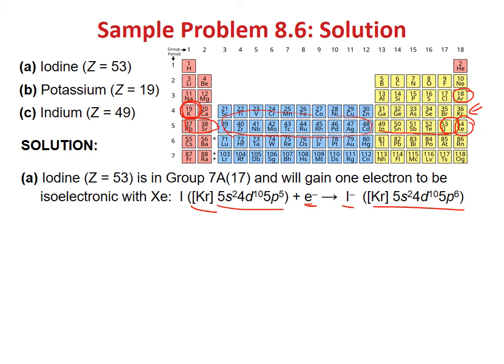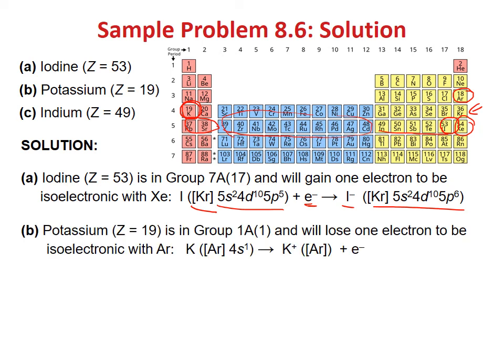The electron configuration is [Ar] 4s1. Okay, one electron more than argon, so by losing one electron, it forms the potassium cation with the argon electron configuration.